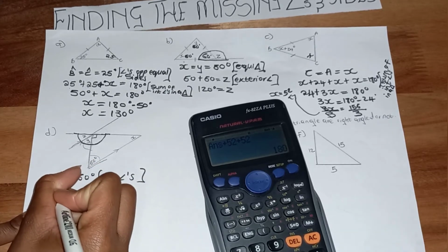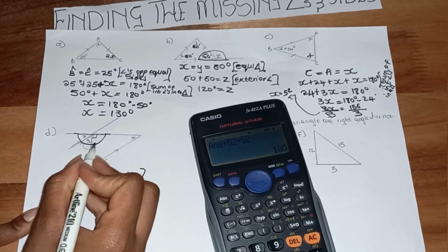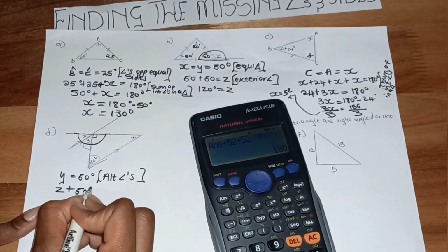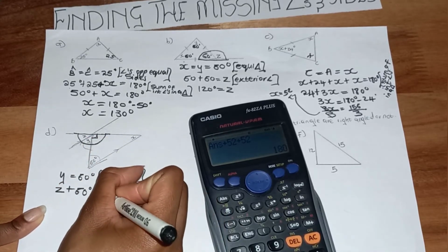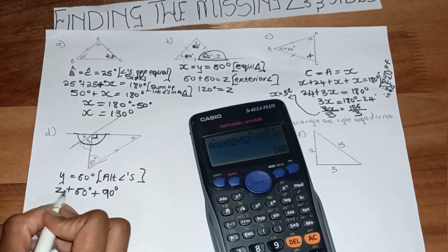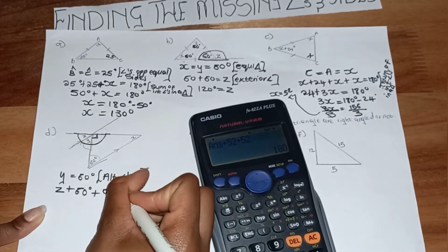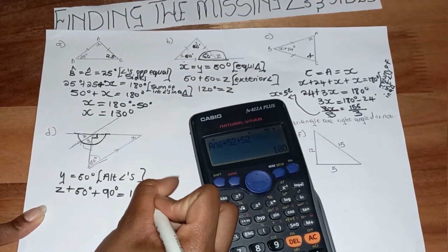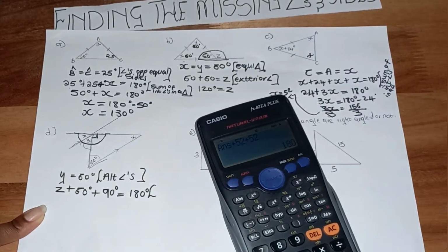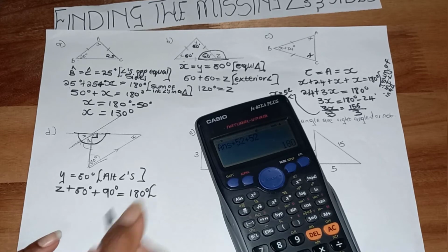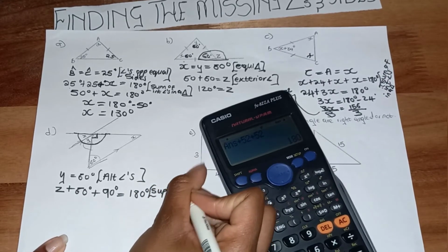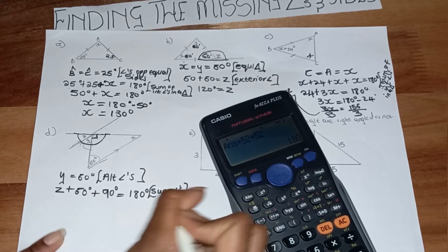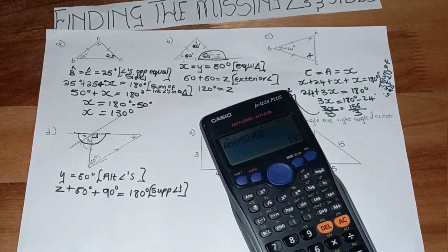So you can solve by saying z plus y, which is 60 degrees, plus 90 degrees, since this square indicates that the angle is 90 degrees, and this sum equals 180 degrees. Why? Because they are supplementary angles, or another person can say angles on a straight line. They are both right answers.